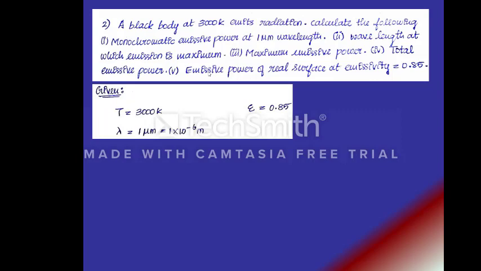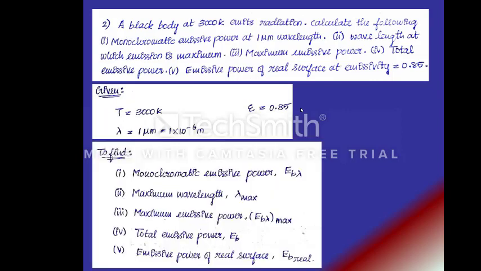So you have to use the formula for real body for solving the fifth subdivision, right? So to say, what is given? Temperature of the black body is given as 3000 Kelvin. We have to calculate monochromatic emissive power at lambda of 1 micron, that is 1 into 10 power minus 6 meters. And for the fifth subdivision, they gave the emissivity of the real surface as 0.85.